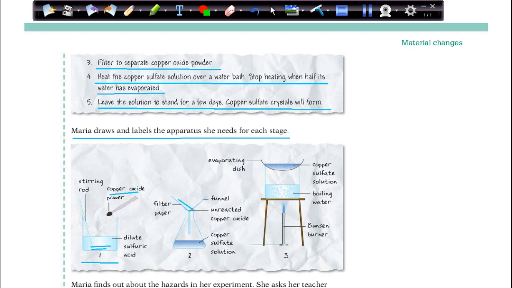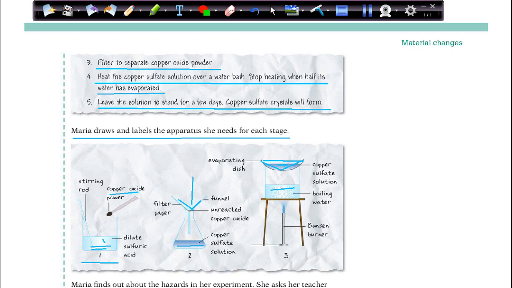She took a filter paper here in the funnel. She poured the solution inside this flask, and then she got copper sulfate solution, which is blue, okay? Then she needs to take copper sulfate as a salt, which is crystals. So what she did, she took a beaker and she filled it with water to make it as a water bath. She placed the evaporating dish here with a copper sulfate solution, and then she started to heat gently until half of the quantity has evaporated.